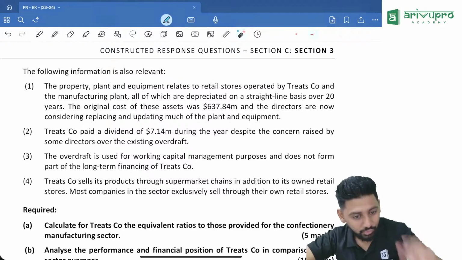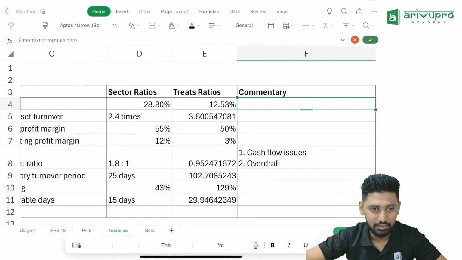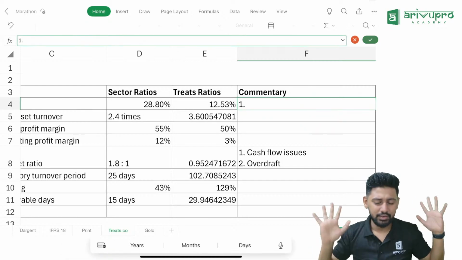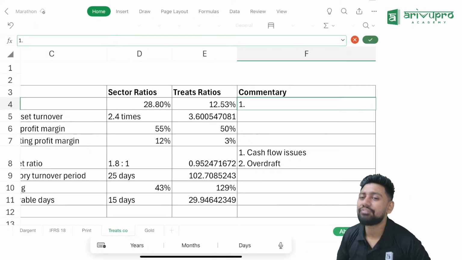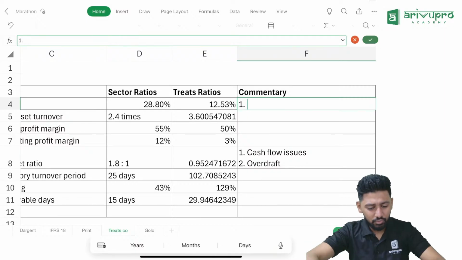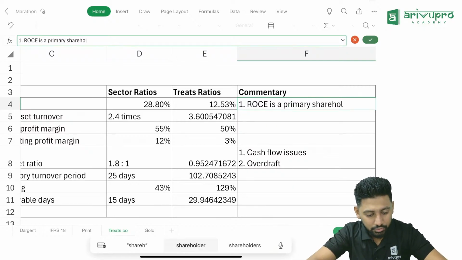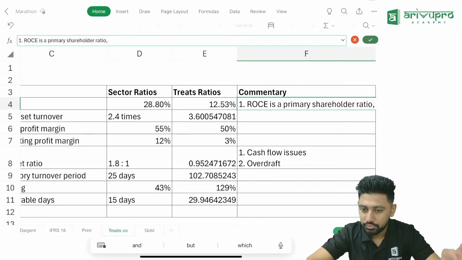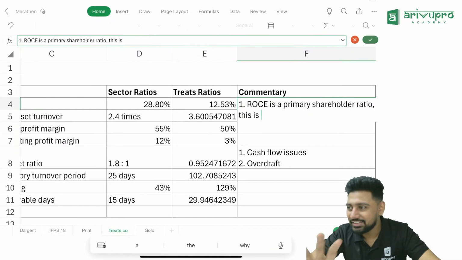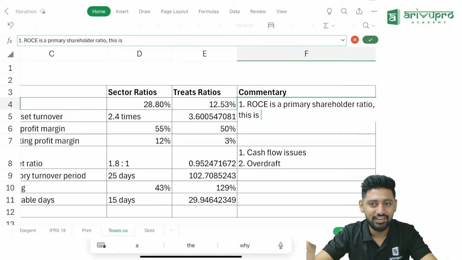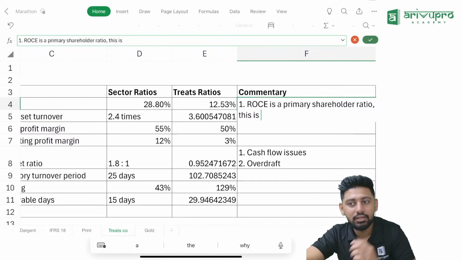So in the exam, I've got some points. I know ROCE is where I'm going to start off with primarily. So number one, immediately I know my ROCE is a primary shareholder ratio, which is a concern for me. So I would say, okay, ROCE is a primary shareholder ratio. First, let's try to understand it. Is this significantly lower than the sector or higher than the sector?